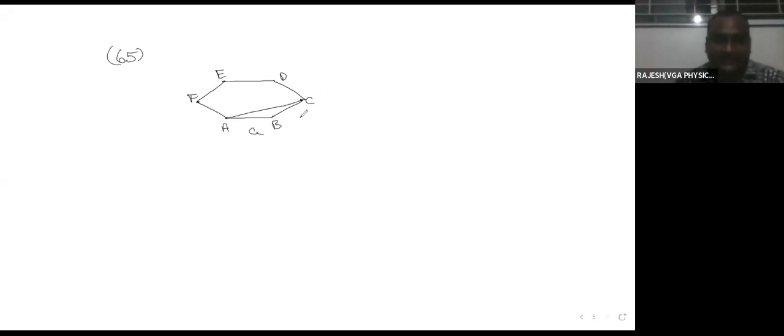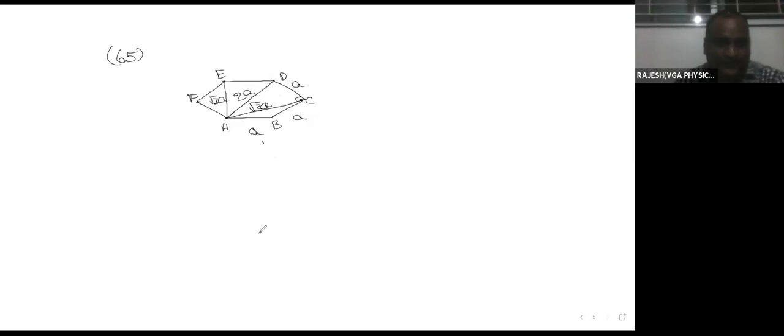If this side is a and this is a, the angle is 120 degrees, so the displacement is root 3 a. Now this one is root 3 a and a, this is 90 degrees, then it is 2a. Again, A to E is root 3 a. The other diagonal length is root 3 a. The main diagonal length is 2a.